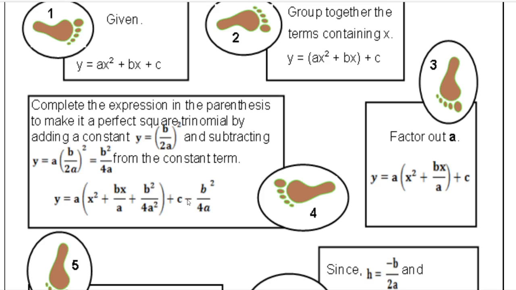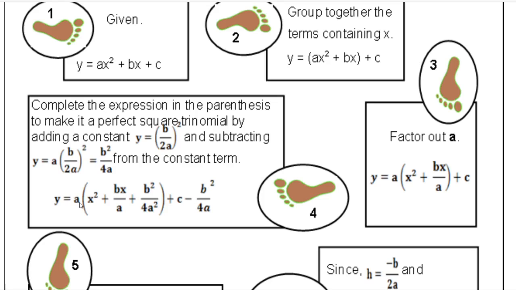But you have to subtract by this formula. This formula is just equal to b squared over 4a. This one is not the same as this if a is not equal to 1.